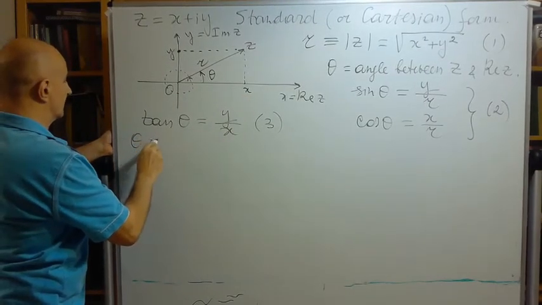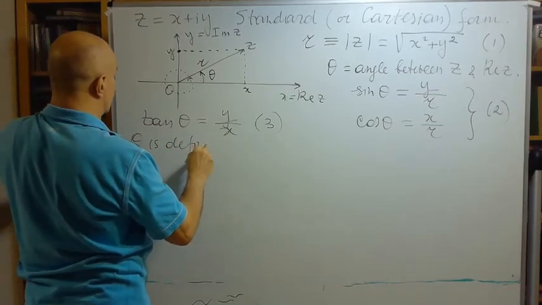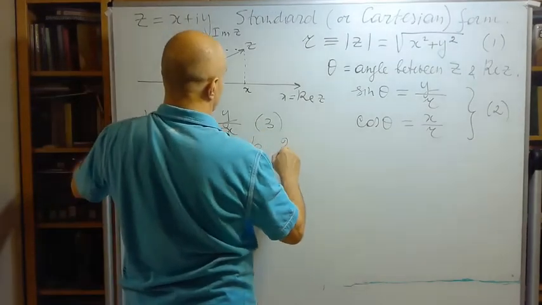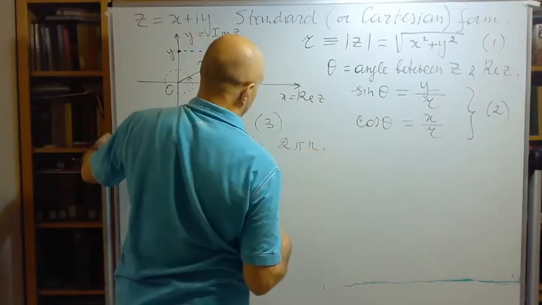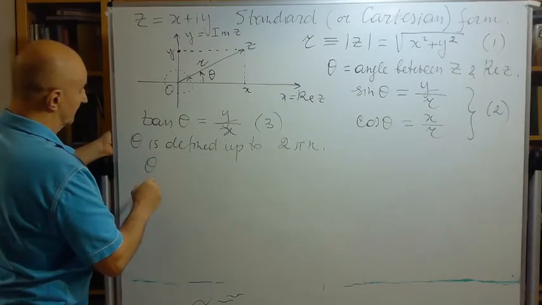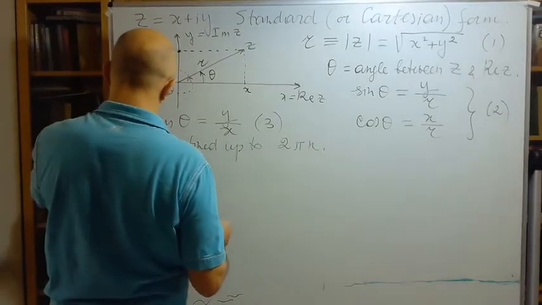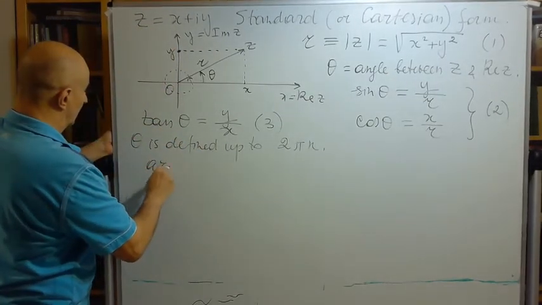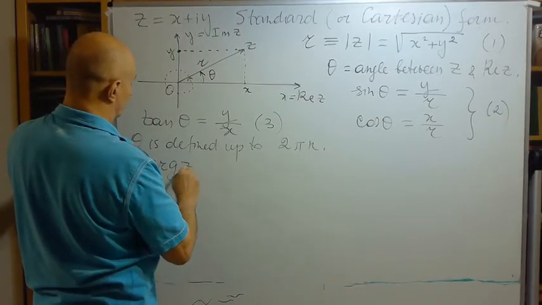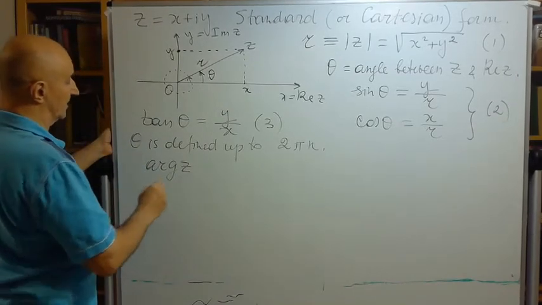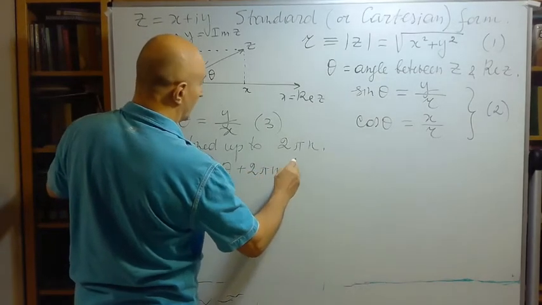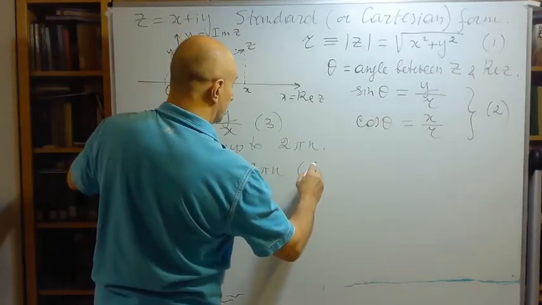So theta is defined up to 2 pi n. So angle, I will call it argument z, it's another name for theta, equals theta plus 2 pi n. This will be formula number 3.